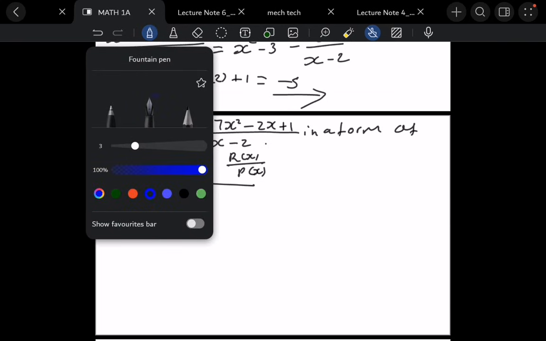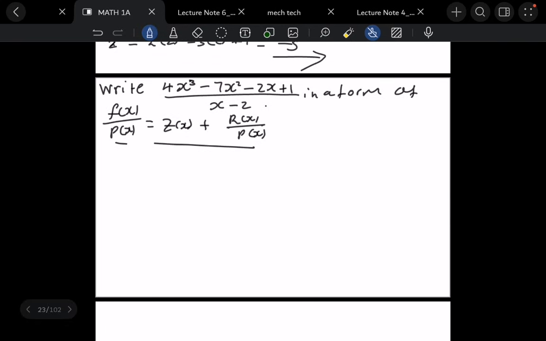Do not panic. So, using our long division, I'm going to have x minus 2 here, and I have 4x cubed minus 7x squared minus 2x plus 1 like that. I'm repeating this again.